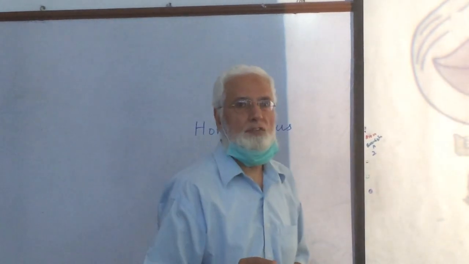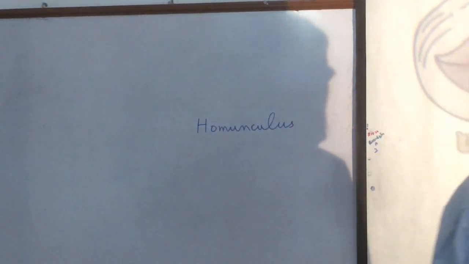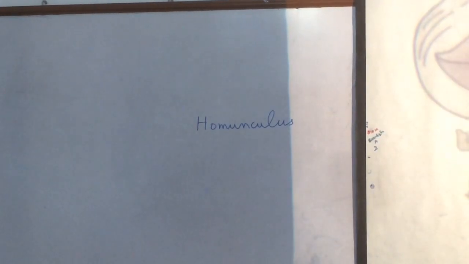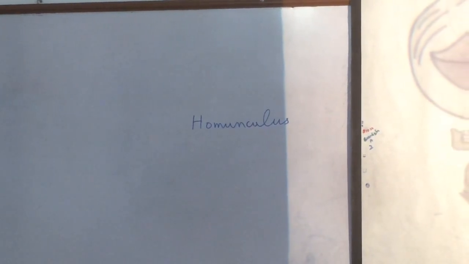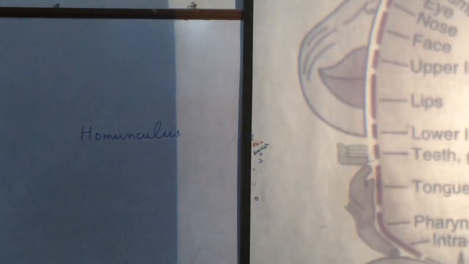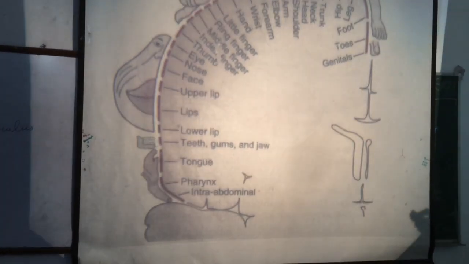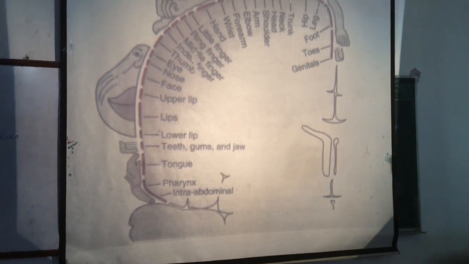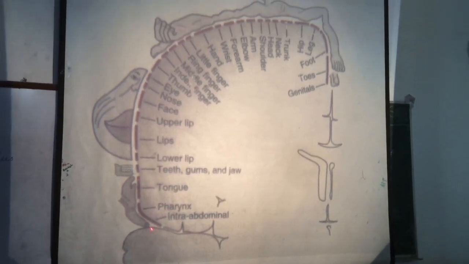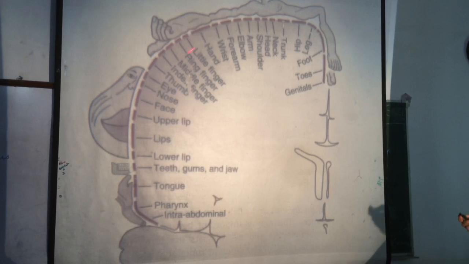Now we discussed the sensory homunculus in the somatic sensory area 1. This is the motor homunculus in the primary motor area. Now you compare the motor homunculus with the sensory homunculus.